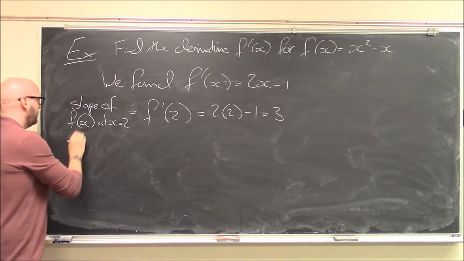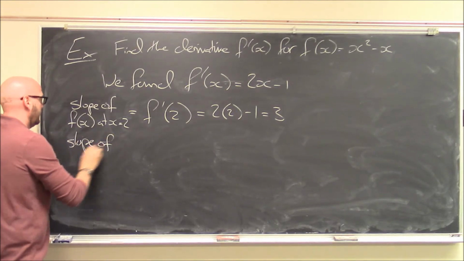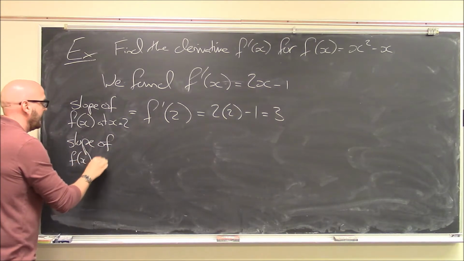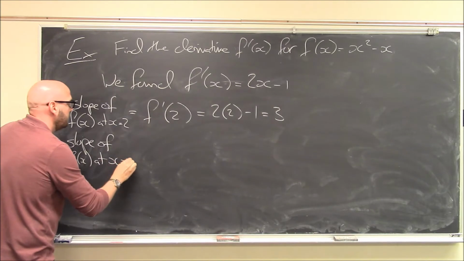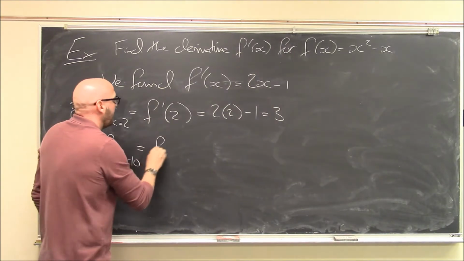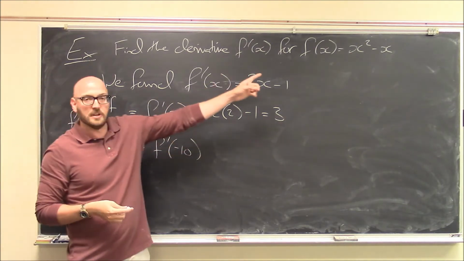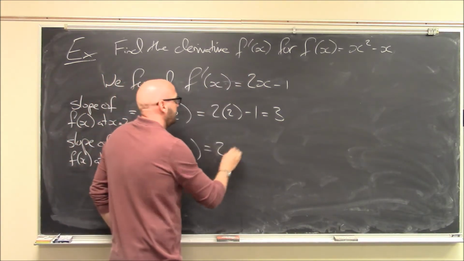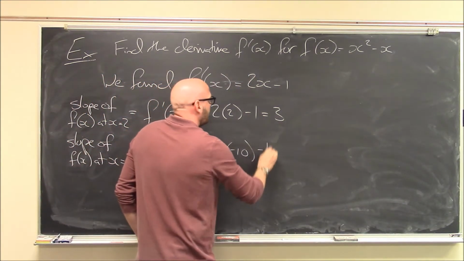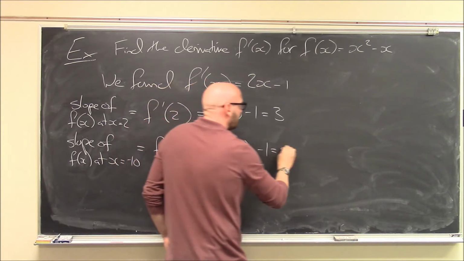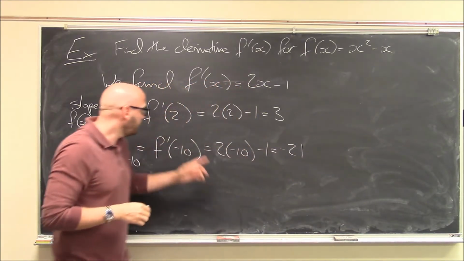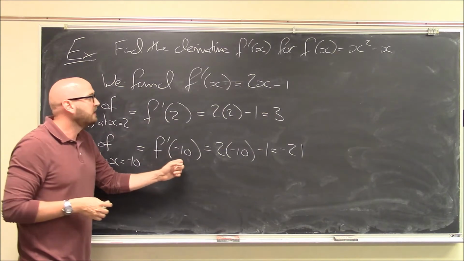If I want the slope of f of x at, you choose any value, x equals negative 10, well that's f prime of minus 10. And it tells me the slope of the original function at minus 10. So that's 2 times minus 10 minus 1, that looks like minus 21. And so on. You can plug in any value x that you want.